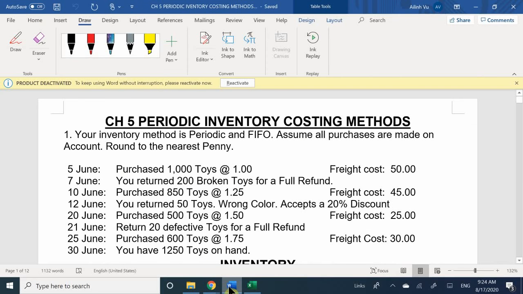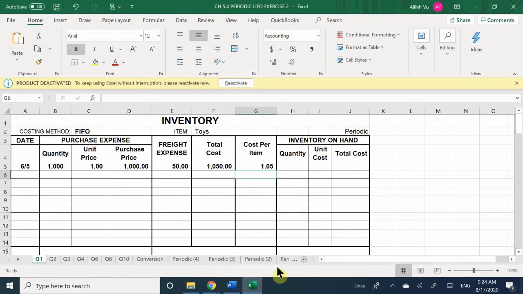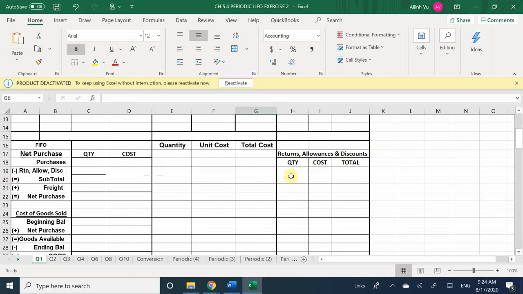What happened next? You returned 200 broken toys for a full refund. So, where are we going to put that in our inventory worksheet? Returns, allowances, and discounts. Yes. So, how many did we return? 200 items.